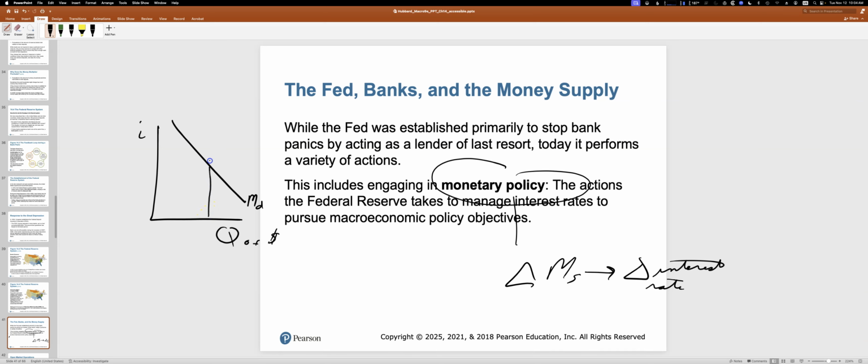But my money supply looks like this. It's vertical because it's determined by the Federal Reserve. But look at what happens if I decrease the money supply. It raises interest rates.